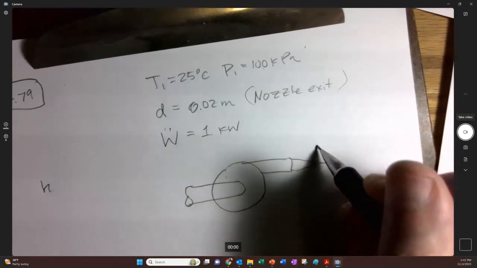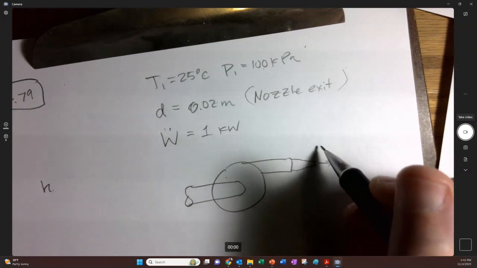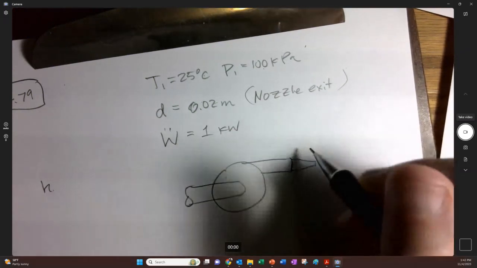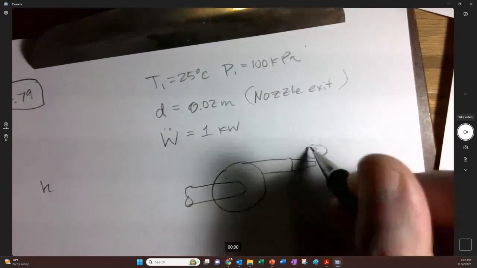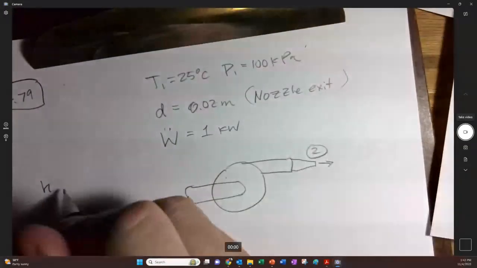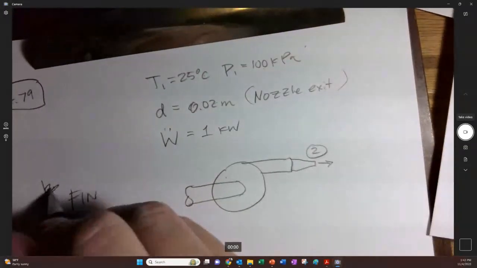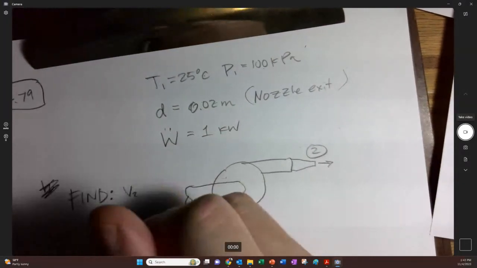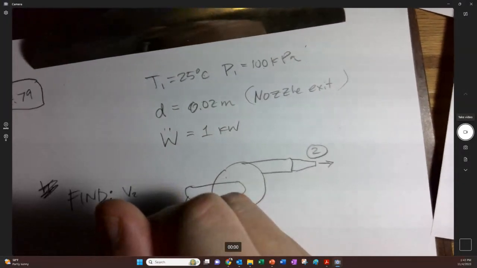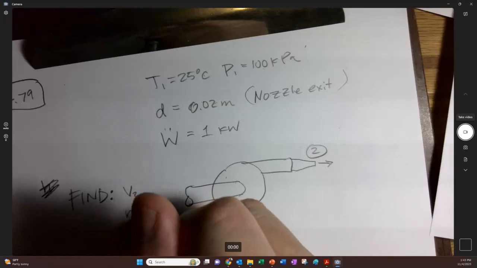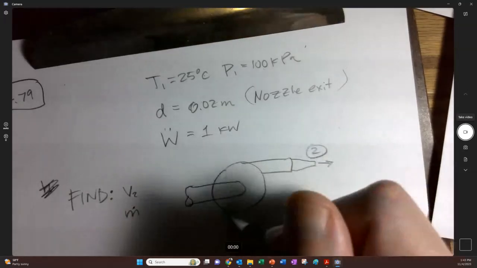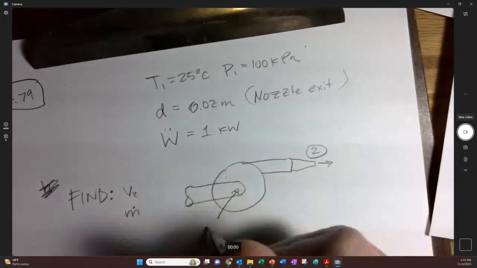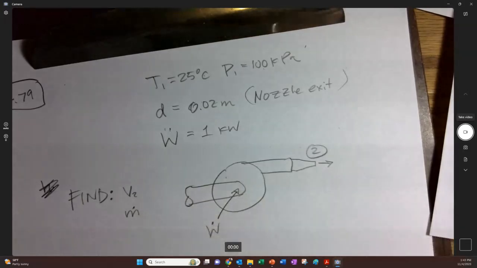So we want to find the exit velocity. I'm going to call this 2 right here. So we want to find V2 and the mass flow rate, m dot. Okay, and we are putting in power right here.